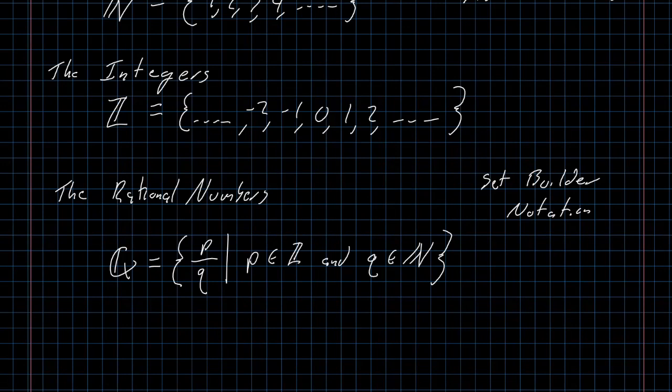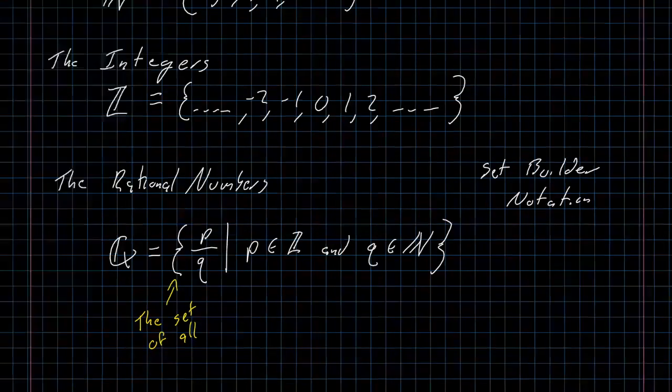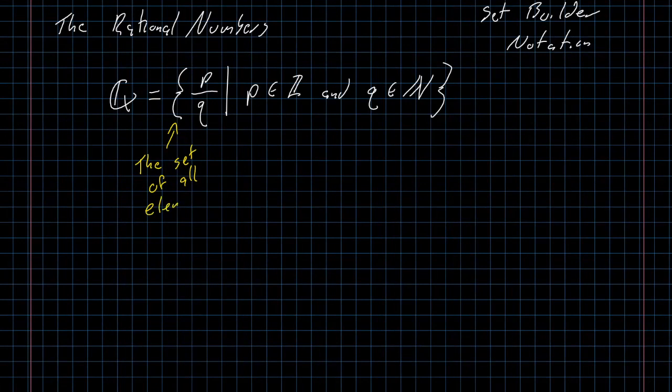If you've never seen set builder notation before, the way we read this is: the set of all, or to be more formal, the set of all elements which can be written as p over q, such that p is in the integers and q is in the natural numbers.